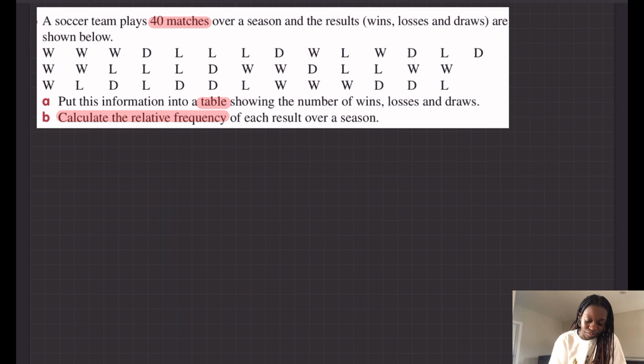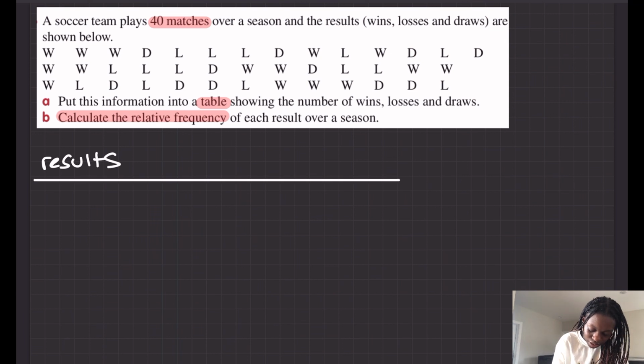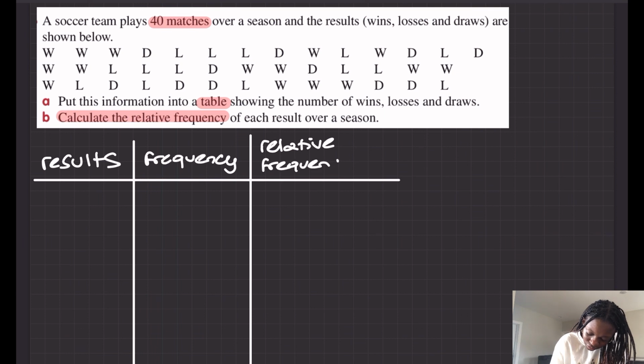and we're going to start by creating a table. So here I'm going to have on this side results, frequency, and then relative frequency.